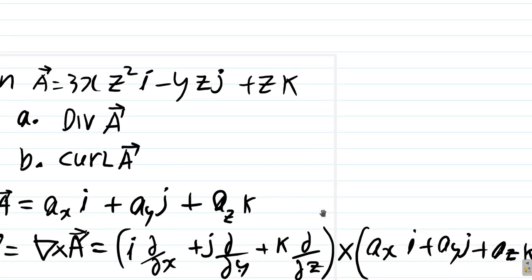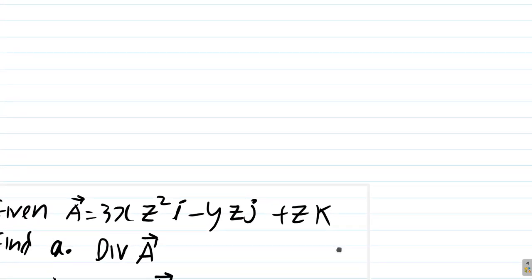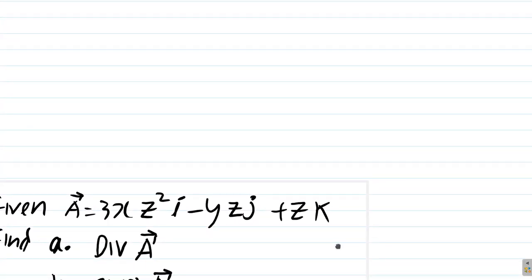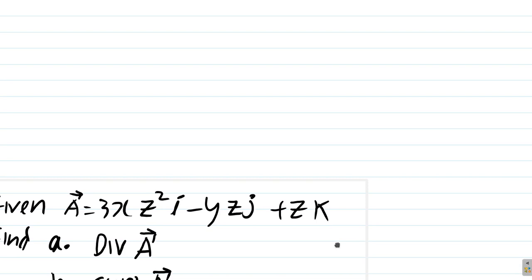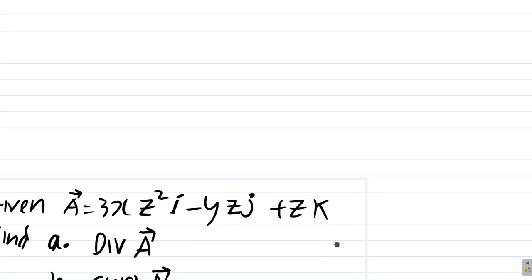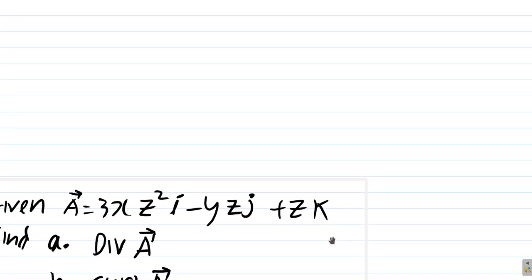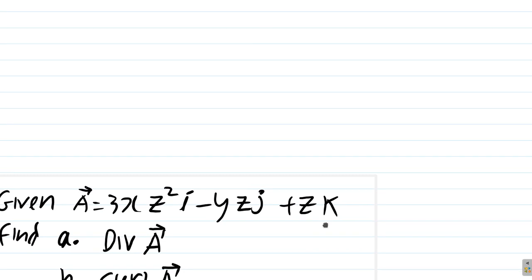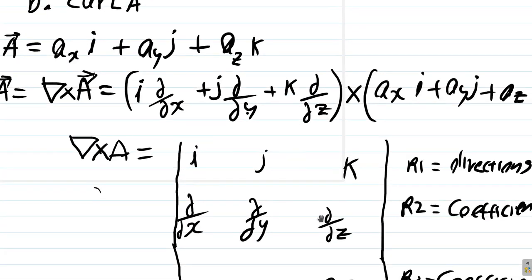Just checking something here. The original equation is 3xz squared i minus yz j plus z k. All right.